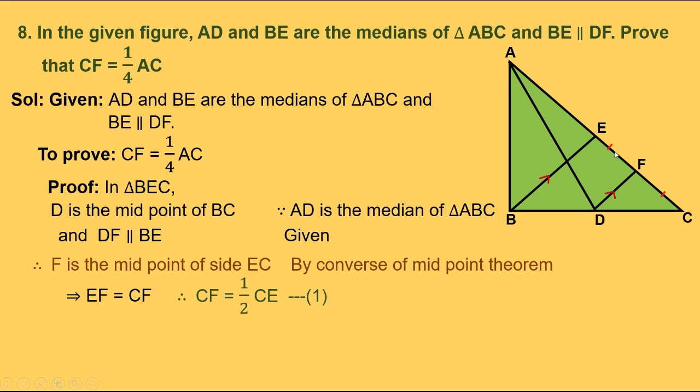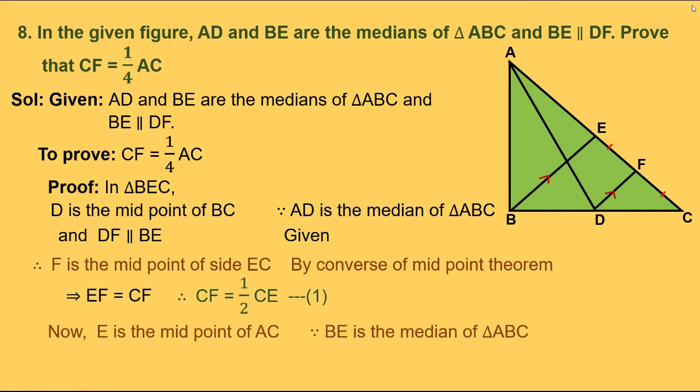Let's take it as equation 1. Now, E is the midpoint of AC. Since BE is the median of triangle ABC, this implies AE is equal to CE. Therefore, CE is half of AC. Let's take it as equation 2.